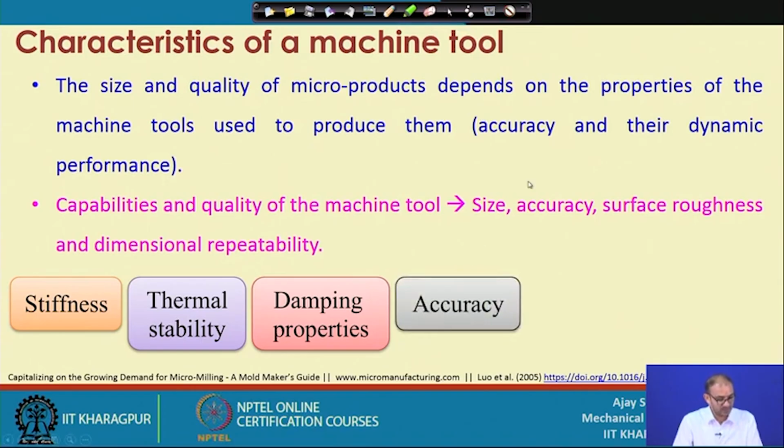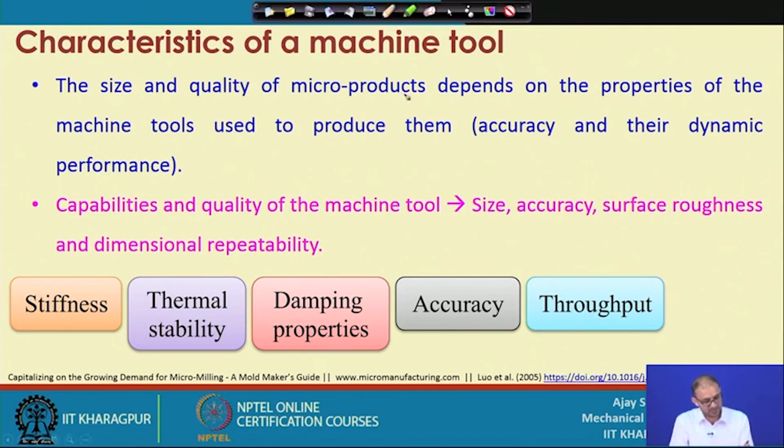Accuracy is important, that we have seen in the previous 2-3 slides. Throughput is also important, that is how many components you are getting, that is called the production rate, or the rate of processing.